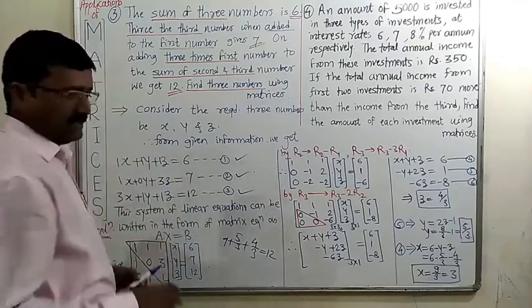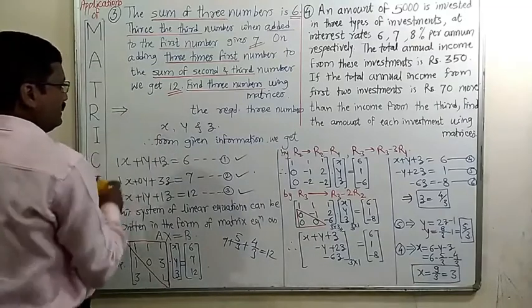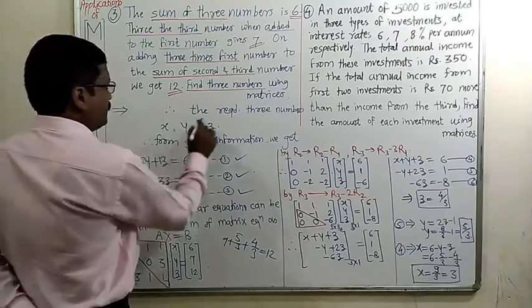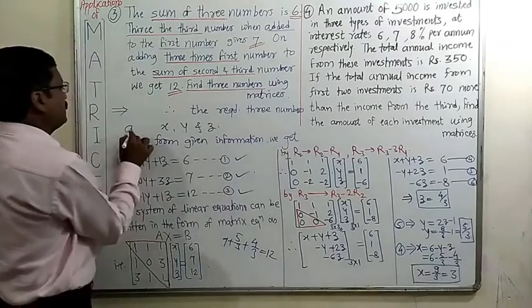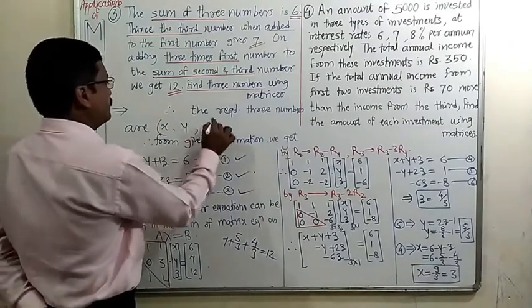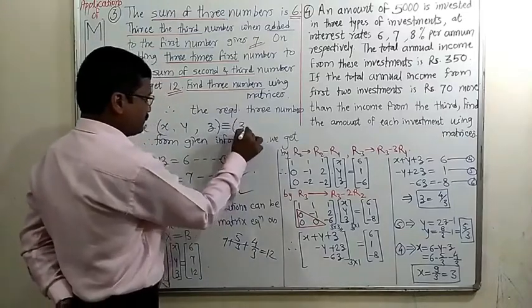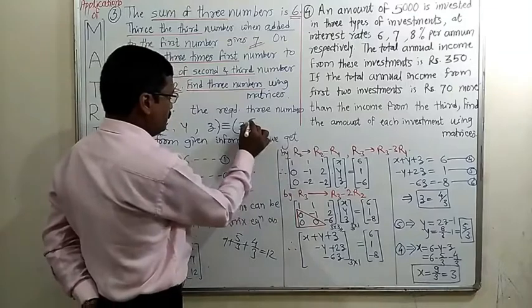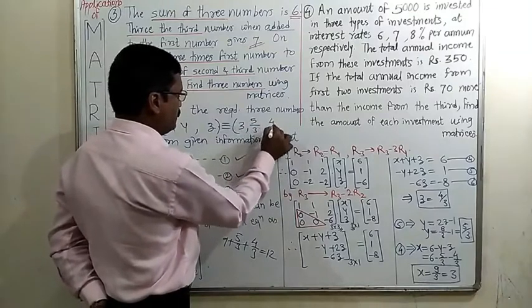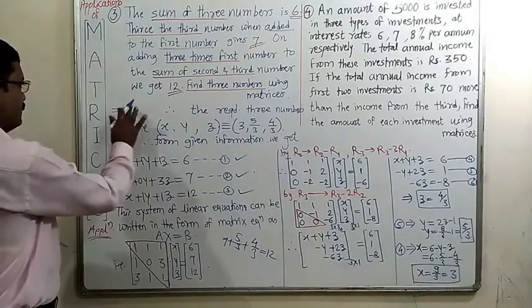So the required 3 numbers in answer we can write: therefore the required 3 numbers x, y, z are nothing but 3, y is 5 by 3 and z is 4 by 3. That will be our answer.